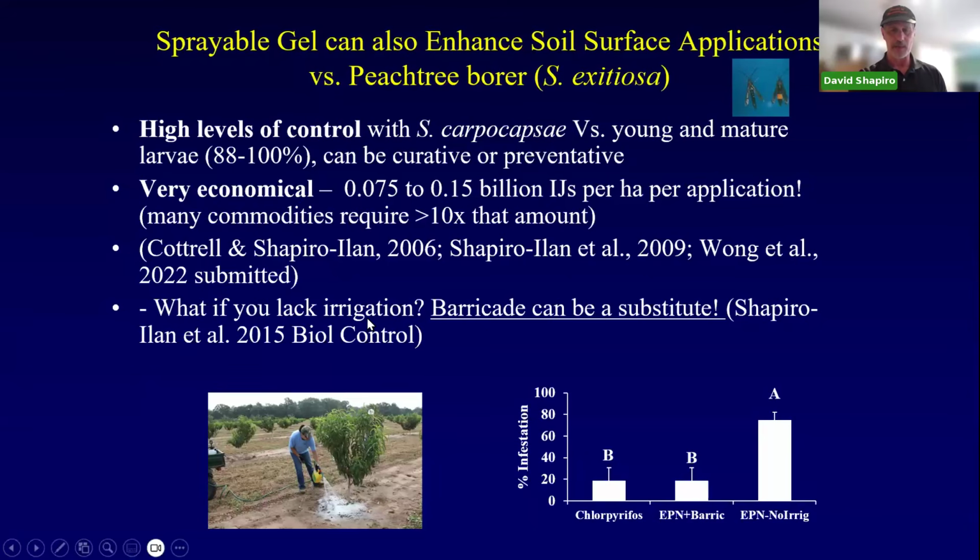The only problem is if you lack irrigation, as many peach growers in the US do, Barricade can be a substitute and you apply it around the tree. It doesn't have to be hand applied, it could be tractor applied. So you can see here the nematodes with Barricade did just as well as chlorpyrifos, but the nematodes with no irrigation fail. So again, you can use that gel in the soil too.